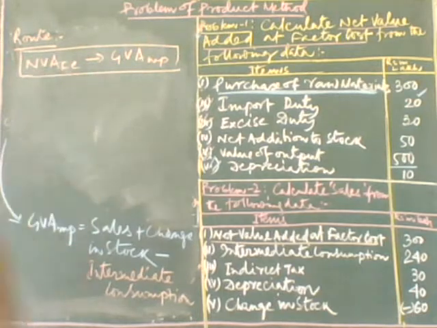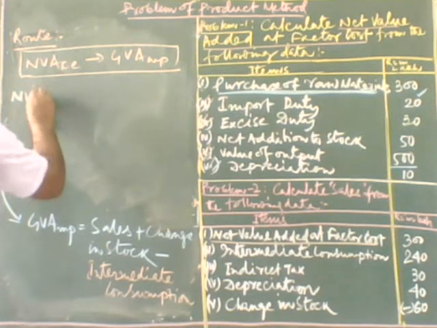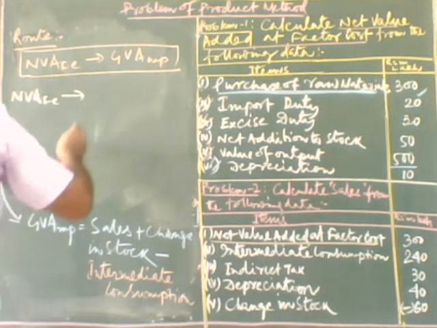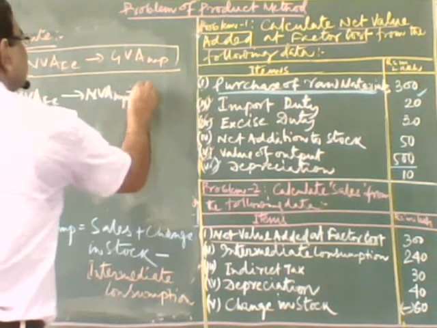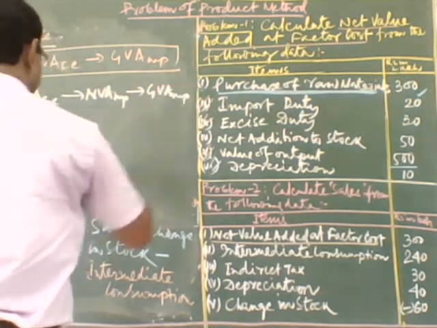But here the route is not directly given, so first we have to find the route. That is, from NVA at factor cost we calculate the value of NVA at market price, then we calculate the value of GVA at market price.